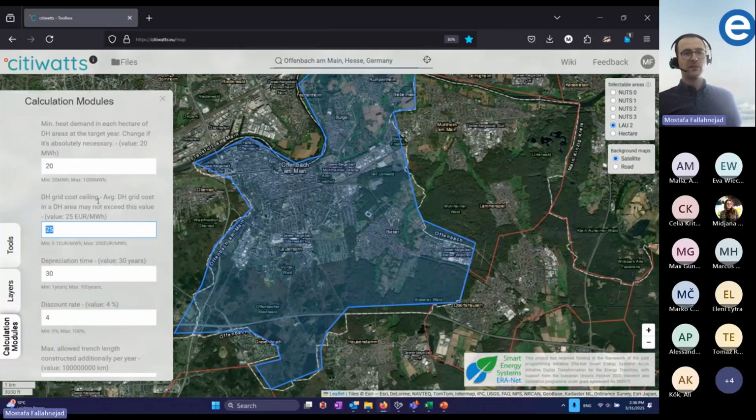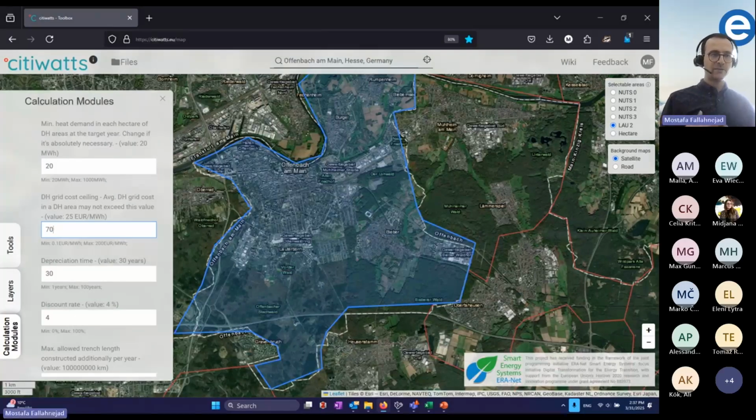In order to supply a region with district heating, you have the condition that district heating should be affordable, or at least a little bit cheaper or comparable with the central heat supply option. In that sense, my overall cost may not exceed this 150 euro per megawatt hour, which corresponds to the decentral heat supply.